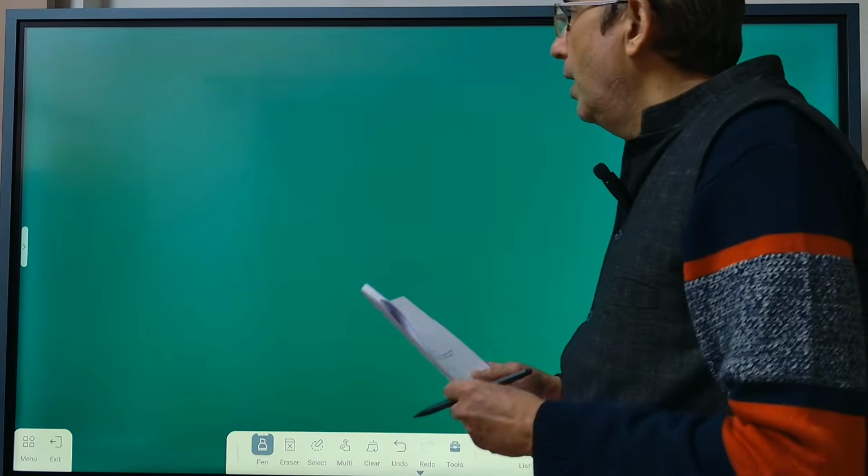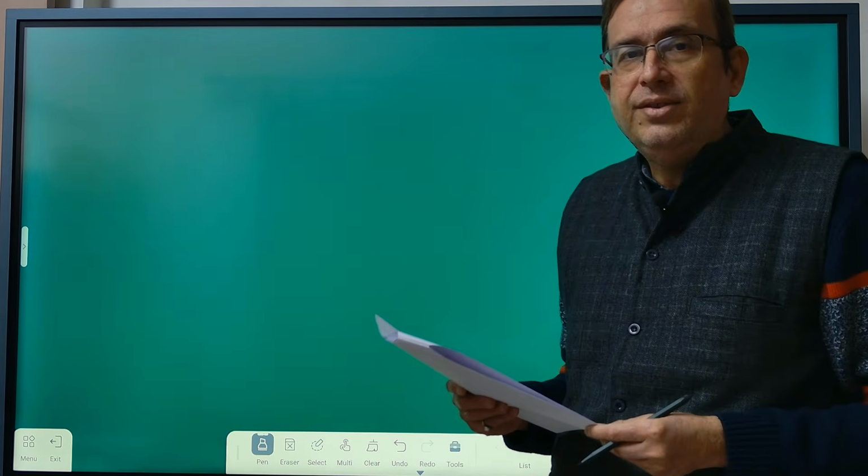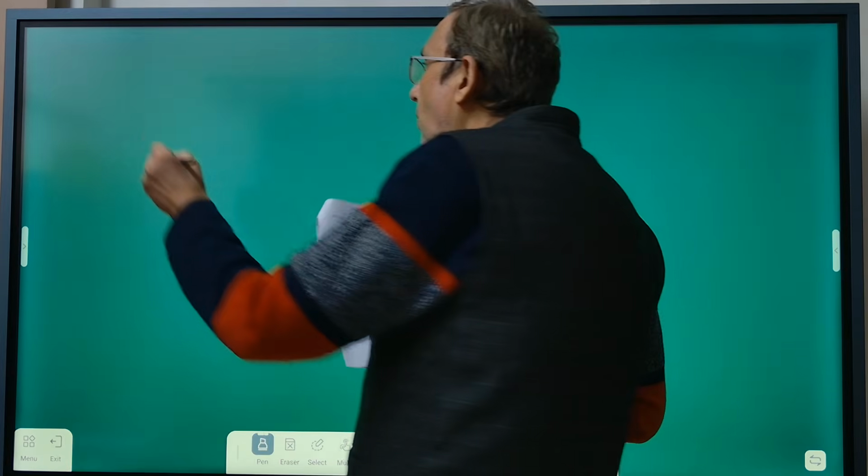Okay, now we will do another problem, that is average speed versus average velocity.